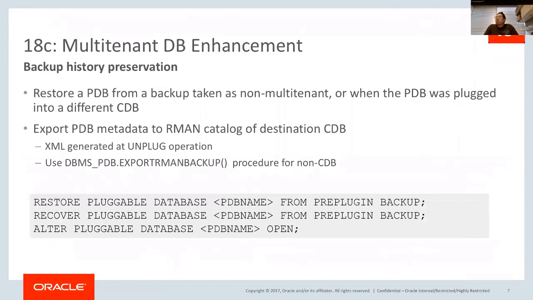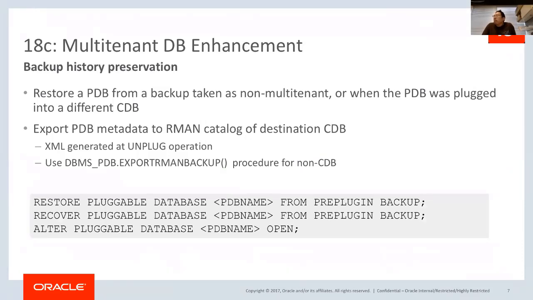Now, with 18c, this is preserved, so you will be able to restore a PDB into either a different CDB or a new CDB. You need to use the XML data that is generated from the unplug operation, if it's from one CDB to another.